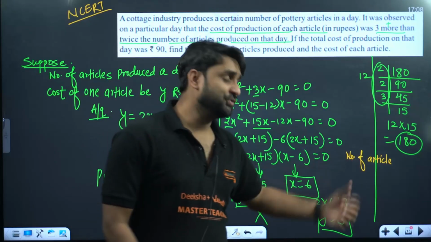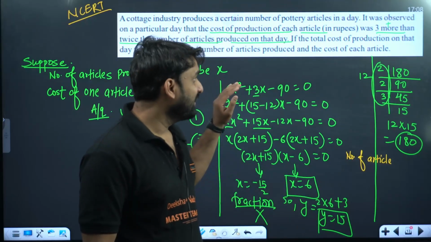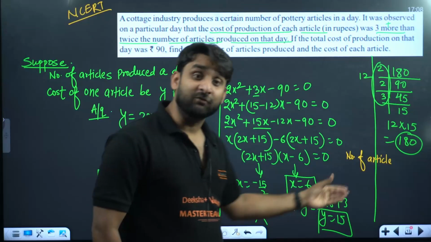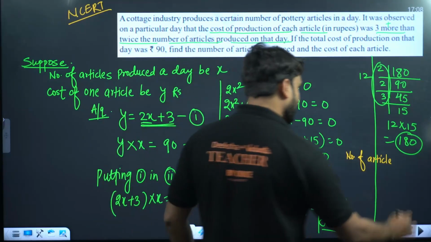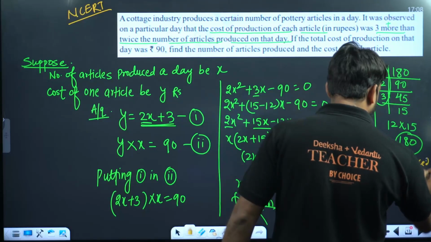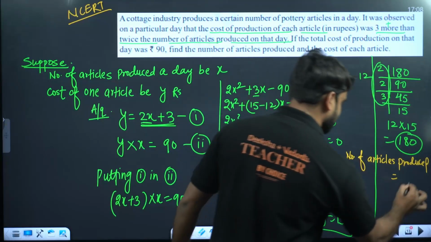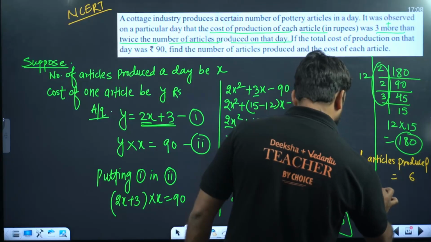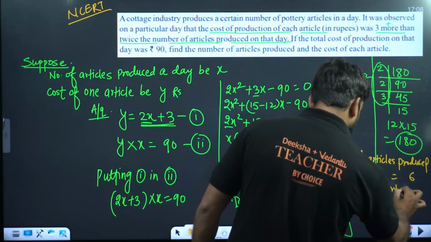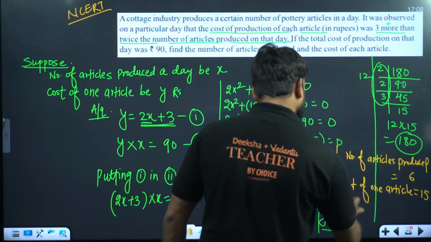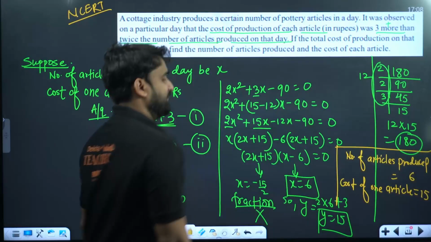Toppers usually follow this. So the number of articles produced is 6, right? And the cost of one article is equal to 15. This is the answer.